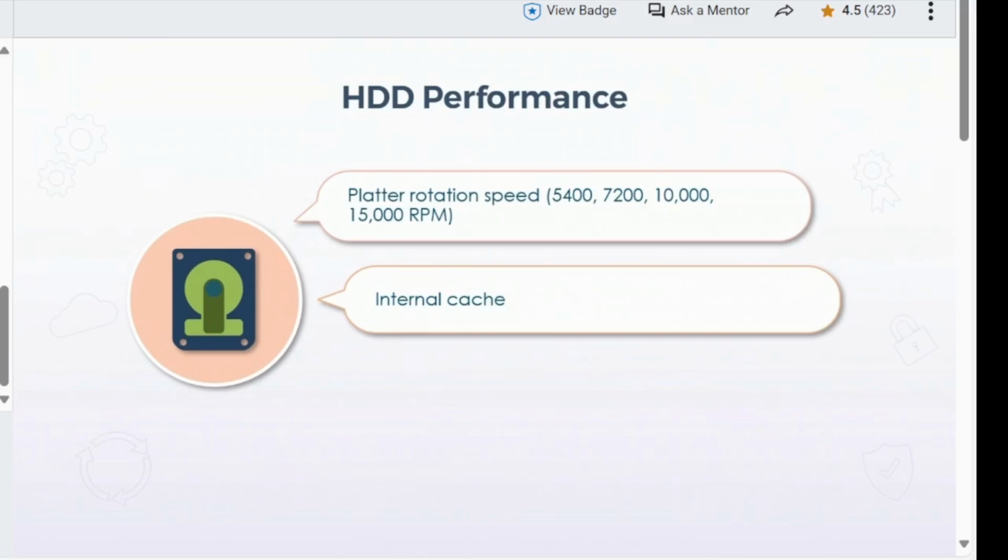The cached data will then be written to the actual disk in the background, so a larger cache can simply store more data temporarily and allow the disk to handle those large operations more efficiently, but the amount of cache will vary depending on the manufacturer, make, and model.